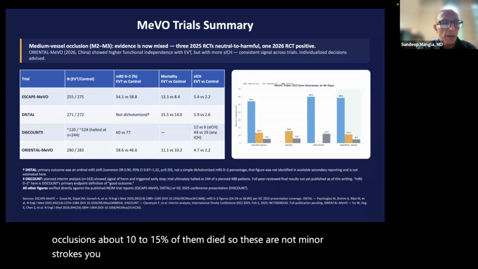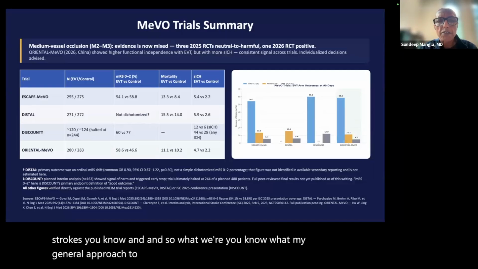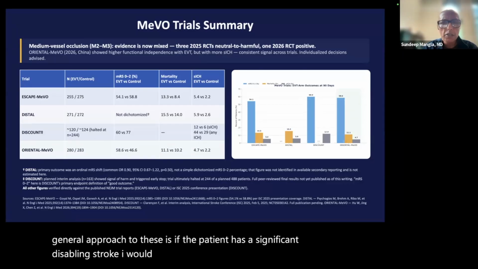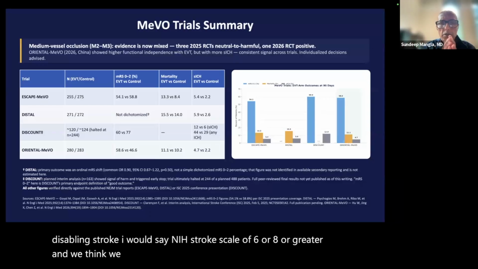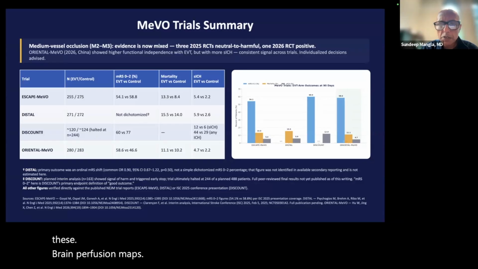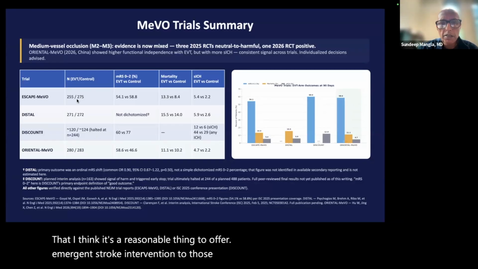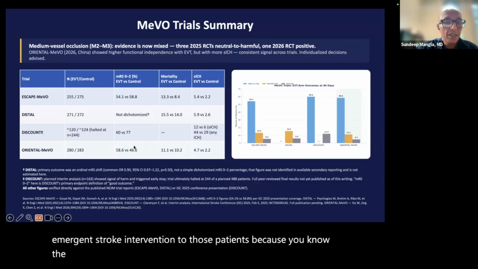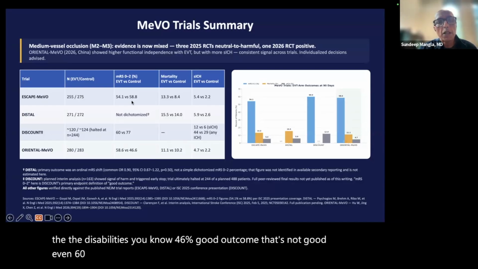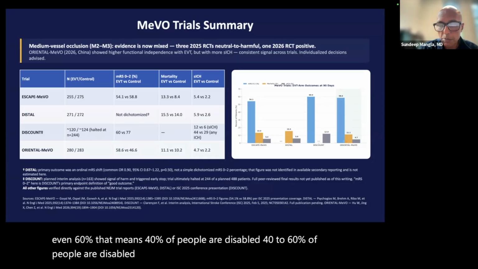My general approach is, if the patient has a significant disabling stroke, I would say NIH stroke scale of 6 or 8 or greater, and we think we have some potentially salvageable brain tissue on these brain perfusion maps, I think it's reasonable to offer emergent stroke intervention to those patients, because 46% good outcome is not good. Even 60% means 40% of people are disabled. 40 to 60% of people are disabled with these medium and small vessel occlusions.